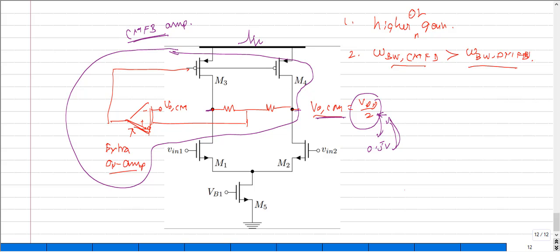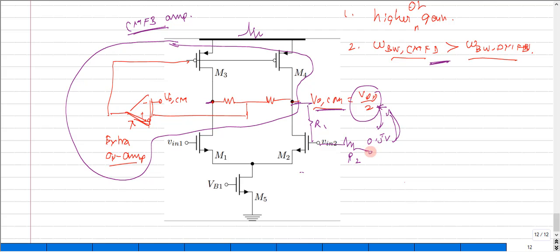And if I'm not satisfying this condition, then the differential output that you are trying to observe, by creating a differential network like R1 and R2, is affected.